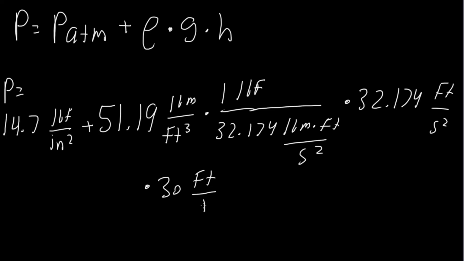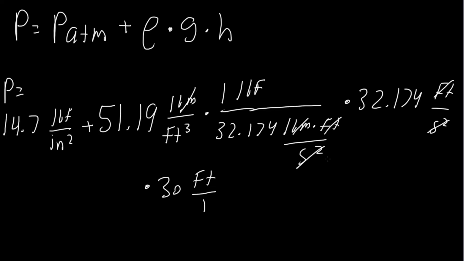We'll say over 1. And now let's see what we have for units. Pound mass cancels, so we get pound force, which is good because that's what we want in our numerator. This feet cancels with this feet. This seconds squared cancels with this seconds squared, because essentially this seconds squared could be in the numerator, since we have pound mass times feet divided by seconds squared.